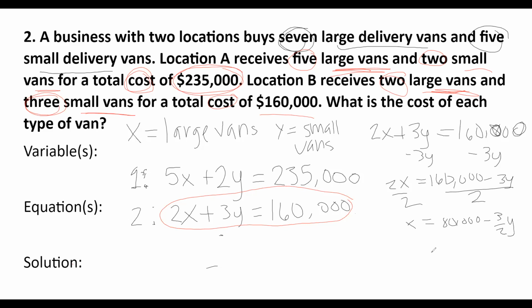And we're just going to substitute that back in to our other equation. We're going to change the color. So wherever we see an x, we're going to plug in 80,000 minus 3 over 2y.